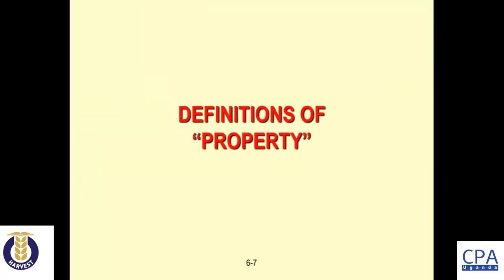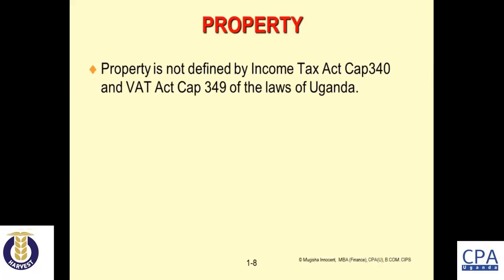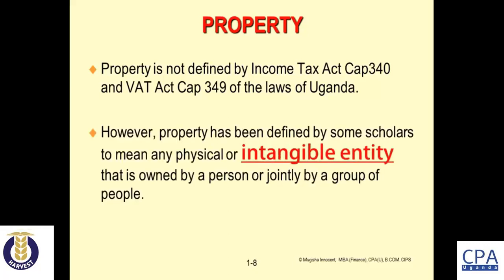Okay, we move into the definitions of property. Something to note here is that the Income Tax Act Cap 340 and the VAT Act Cap 349 of the laws of Uganda have not put up a definition for property, but a number of scholars have come up with very nice definitions of what would be property.